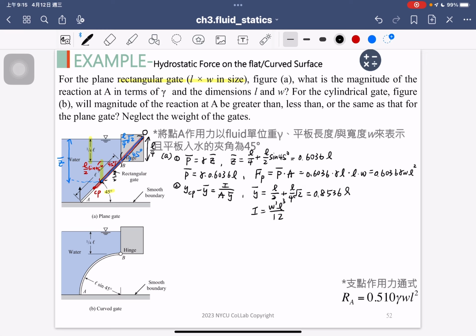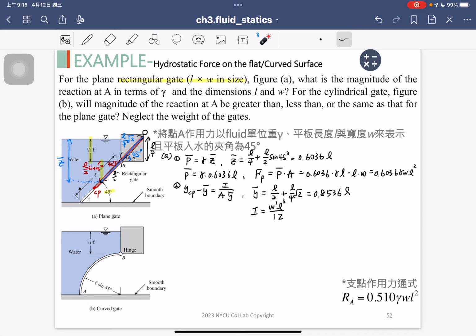I would like to emphasize how we can determine the 1 power or 3 power. If the length is parallel to the rotating axis, the power you should keep is 1. And if the length is perpendicular to the rotating axis, the power is 3. Right now the rotating axis crosses point B and goes into the paper.